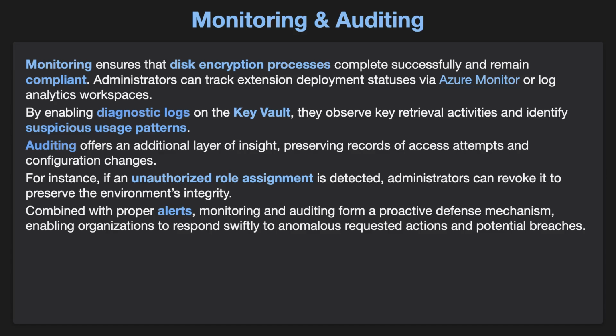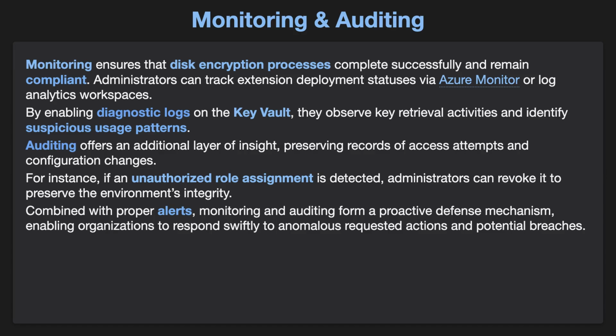Auditing offers an additional layer of insight, preserving records of access attempts and configuration changes. For instance, if an unauthorized role assignment is detected, administrators can revoke it to preserve the environment's integrity. Combined with proper alerts, monitoring and auditing form a proactive defense mechanism, enabling organizations to respond swiftly to anomalous requested actions and potential breaches.